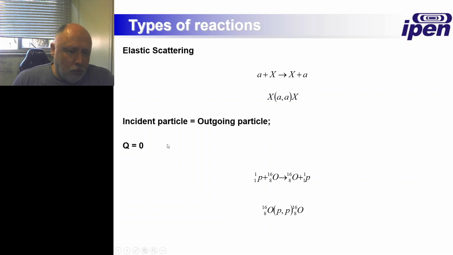This is very common, happens a lot, especially with neutrons. We'll go to that in a moment. This is a very common reaction, but it only, in fact, scatters particles. You don't produce radioactive nuclei, you don't change the nature of radiation, you don't do much.